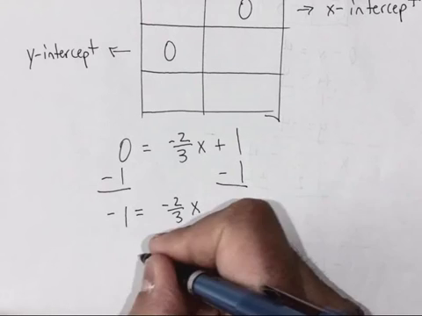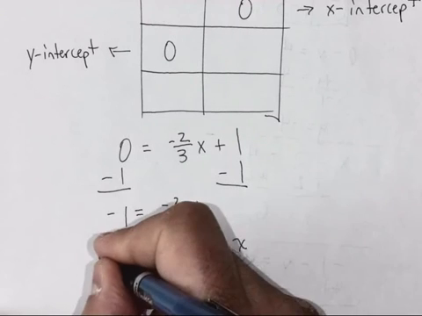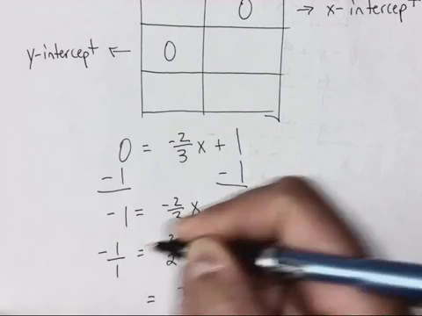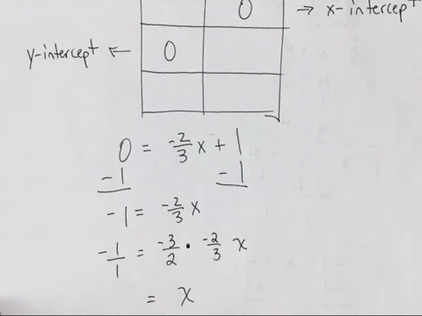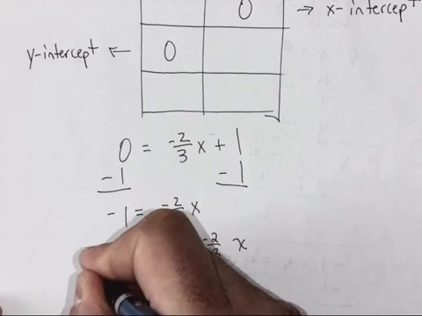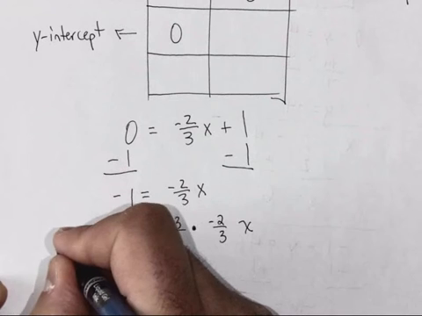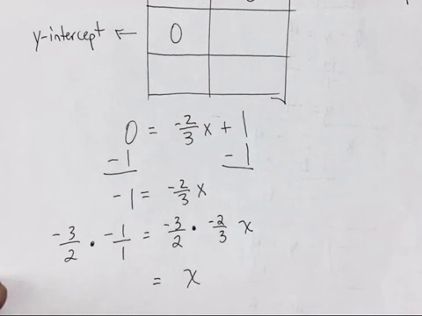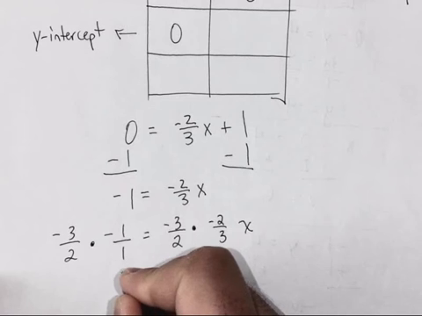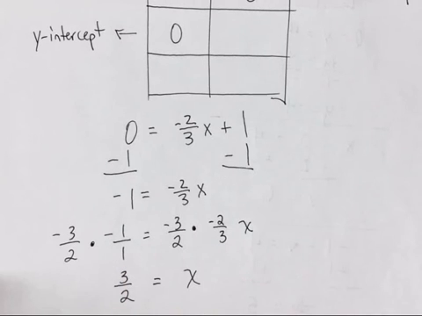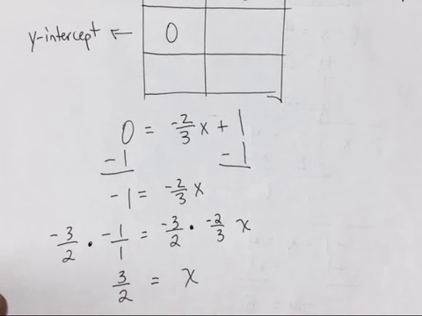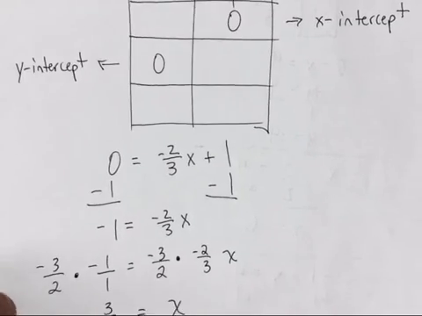And then, of course, whatever I do to one side, I need to do the same thing to the other. So I'm going to write negative 1 as negative 1/1 times negative 3/2. And I end up getting positive 3/2. And, of course, 3/2 is the same as 1.5.